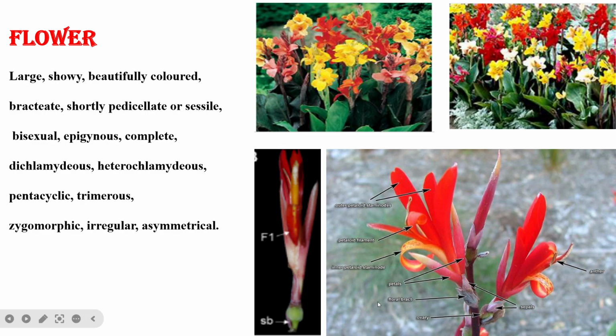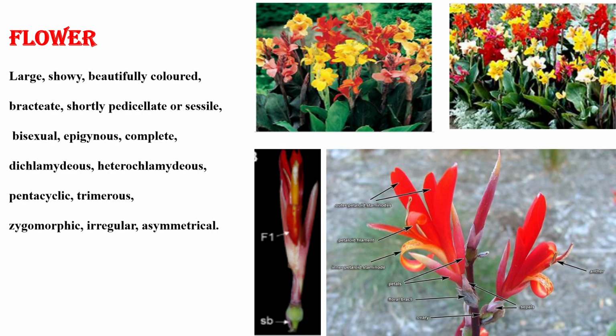Dichlamydeous. Both the non-essential whorls, that is calyx and corolla, are present. Heterochlamydeous. Calyx and corolla can be easily differentiated. Pentacyclic. Flowers contain 5 whorls, a calyx, a corolla, 2 whorls of stamens and a single whorl of carpels. Then trimerous flowers. Flowers with 3 or multiples of 3 parts.